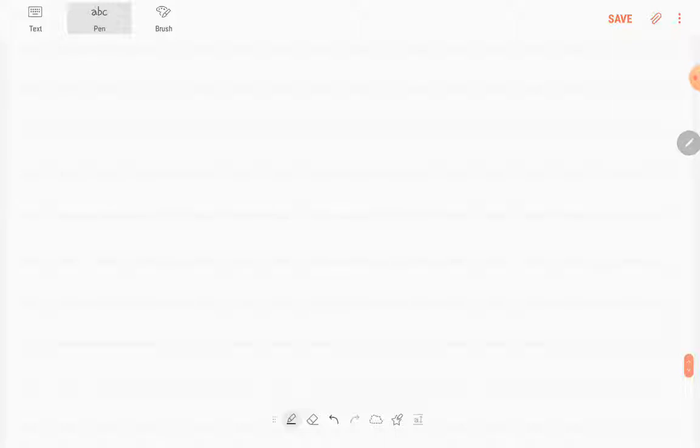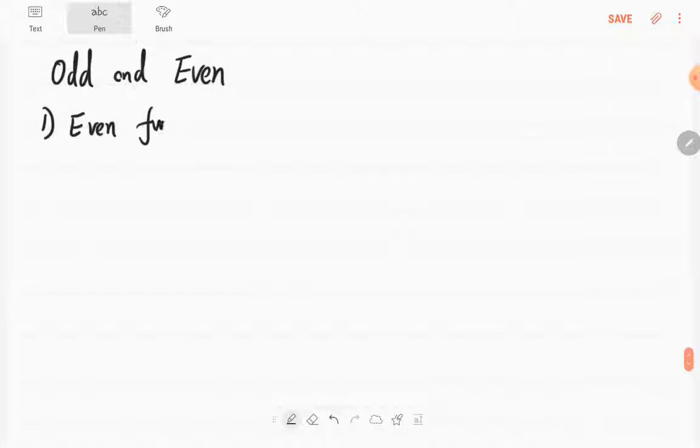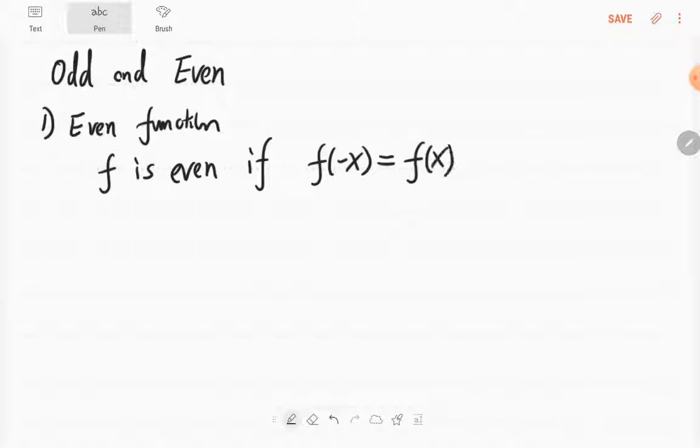We have another property for functions, which is called odd and even functions. The first is the even function. We say f is even if you replace the input with negative x, then the output is the same as for x.